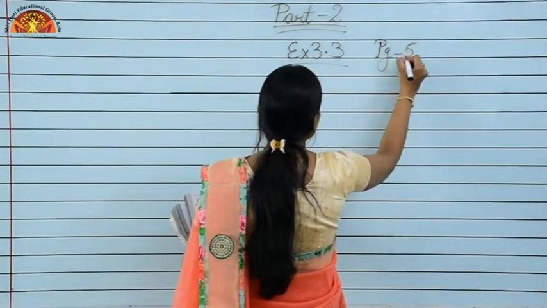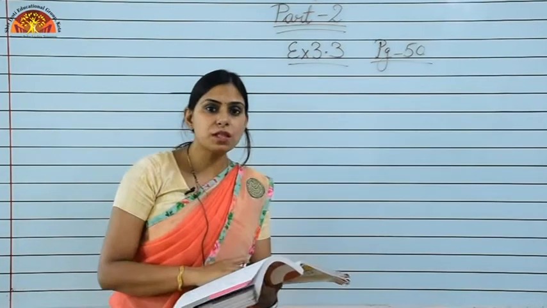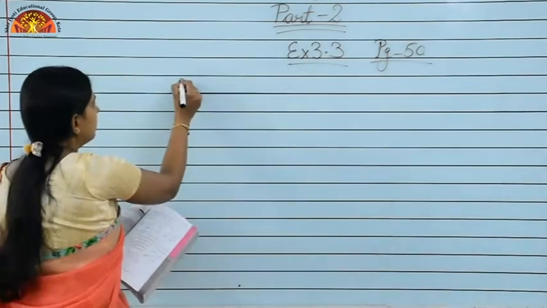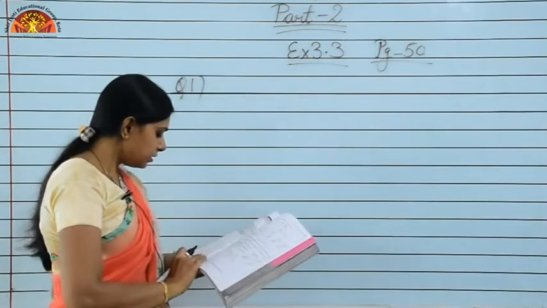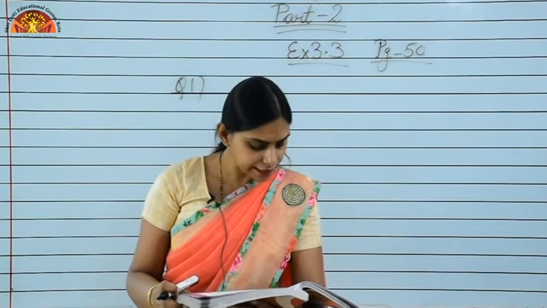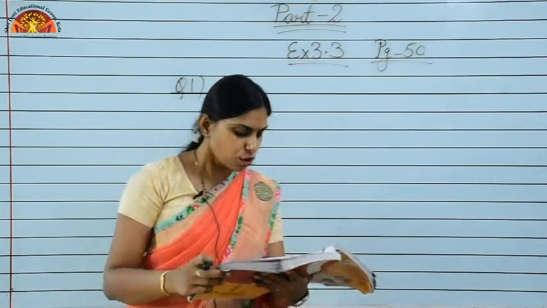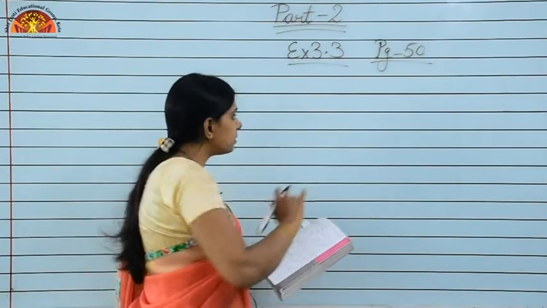Page number 50. Now just see children over here. First we'll solve question number 1. Given a parallelogram ABCD, complete the statement along with the definition or property used. First of all we'll construct the figure.